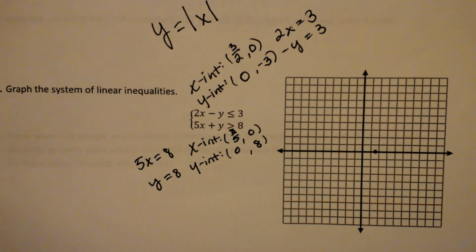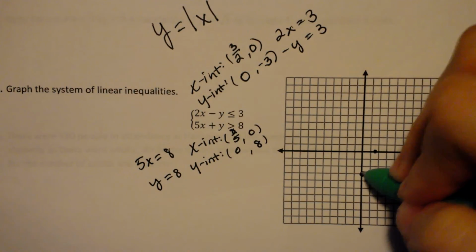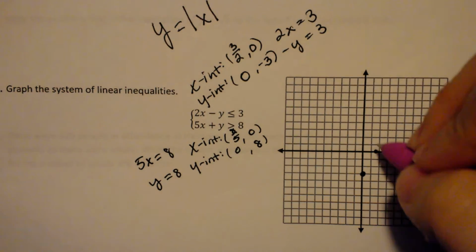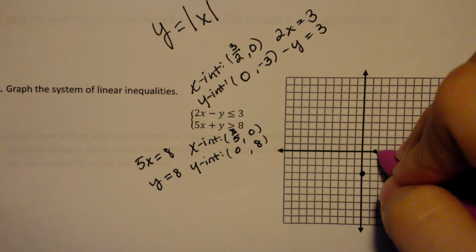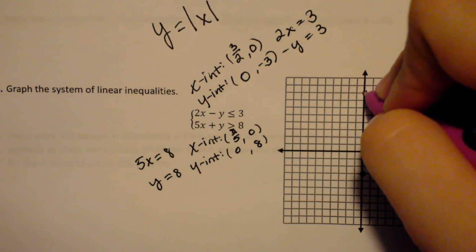So it's 1.5, 0. And then my y-intercept is 0, negative 3. And then the other one, 8/5, that's almost 2. And 0, 8.